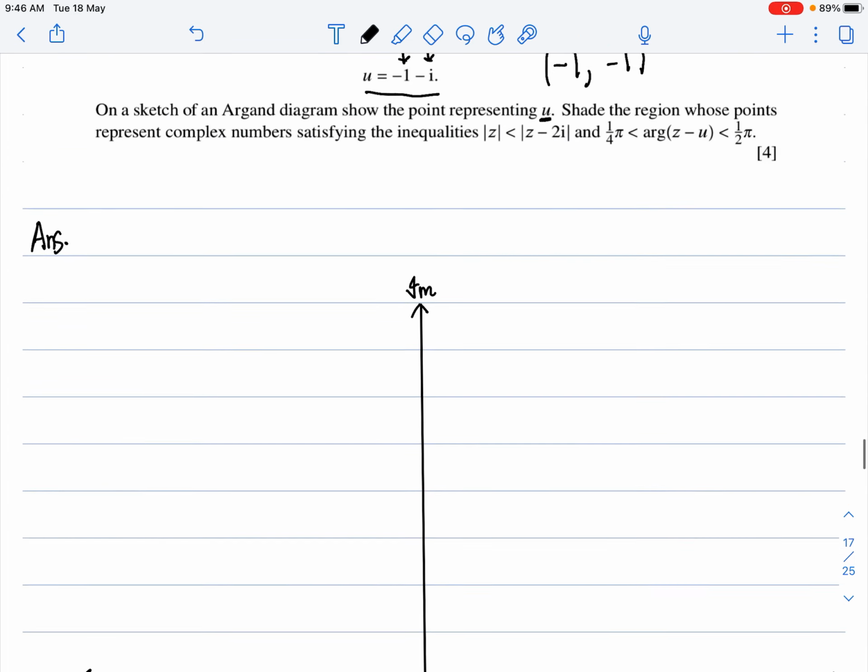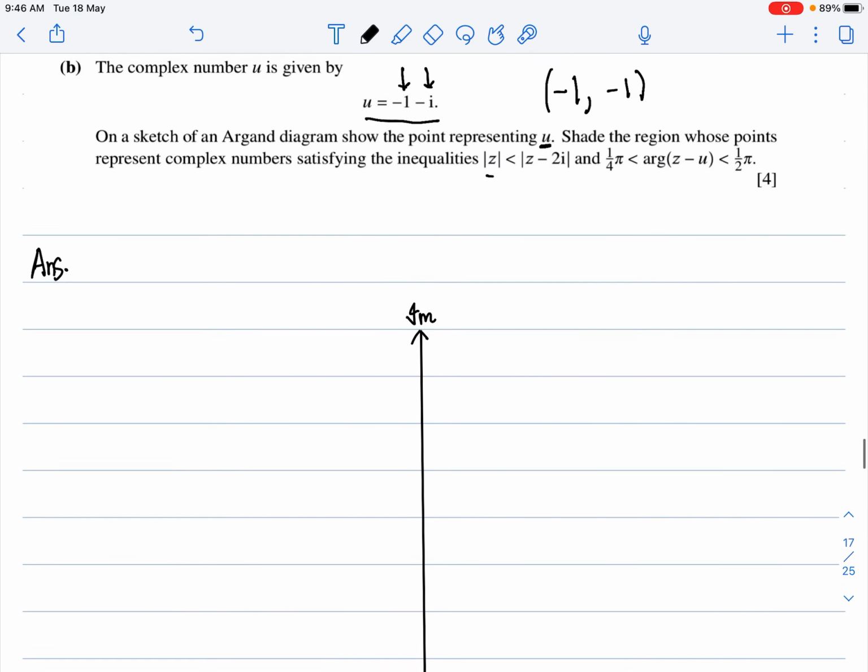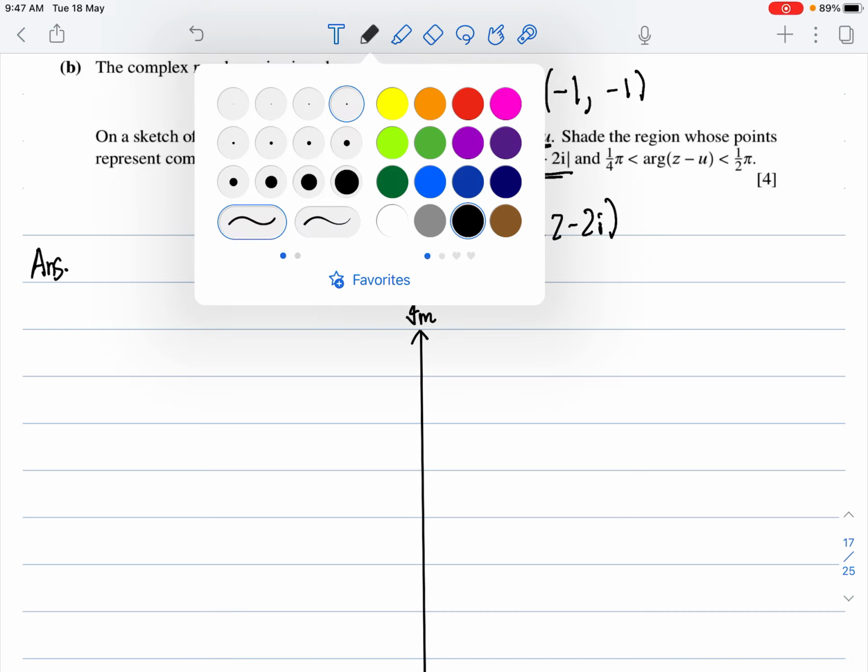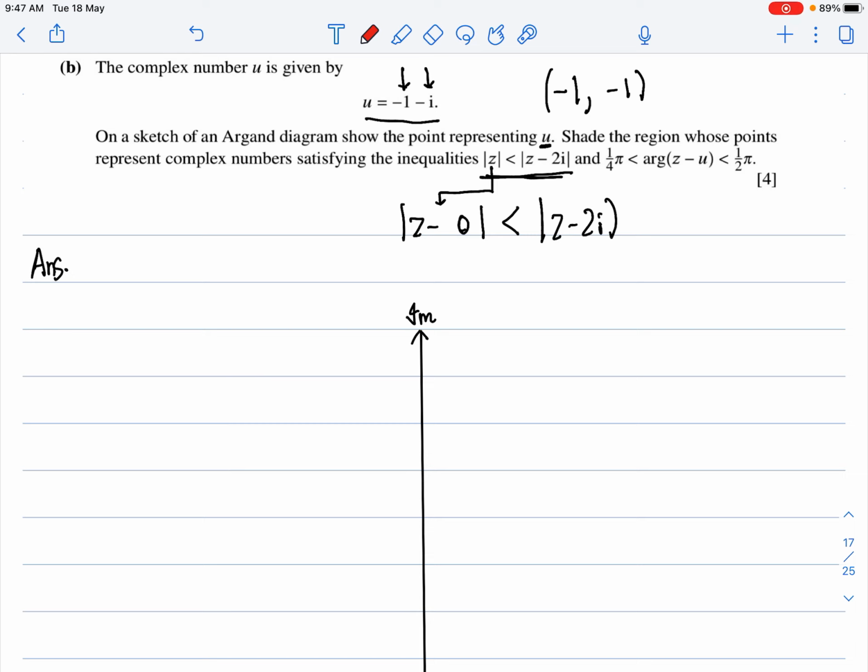Now, if you see here, this is something called a perpendicular bisector. Okay, this is the form of a perpendicular bisector. |z| basically means |z minus the origin|, which is less than |z minus 2i|. So simply, I'll write this in red. My coordinate here is the origin, which is 0, 0.